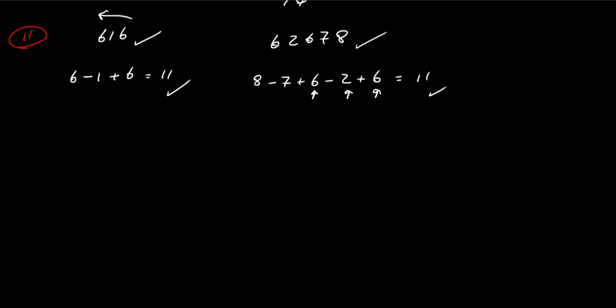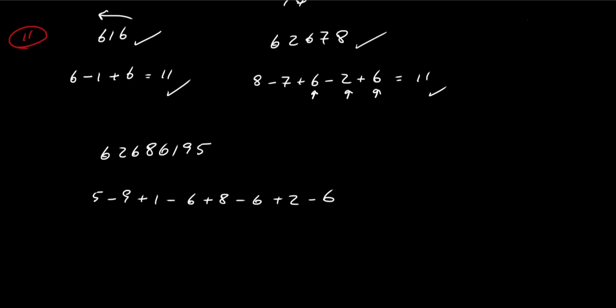So let's look at a bigger one then. Let's take 62,686,195. So a bigger one. Let's start at the end then. So we're going to take plus 5, minus 9, plus 1, minus 6, plus 8, minus 6, plus 2, minus 6.